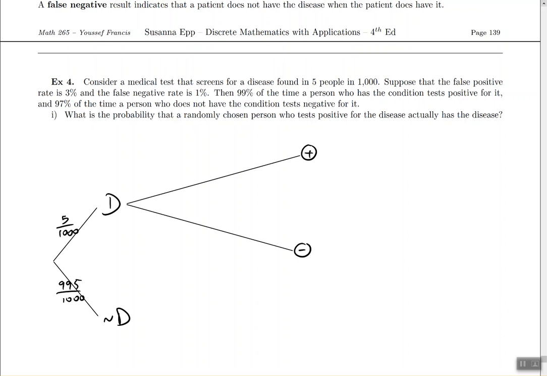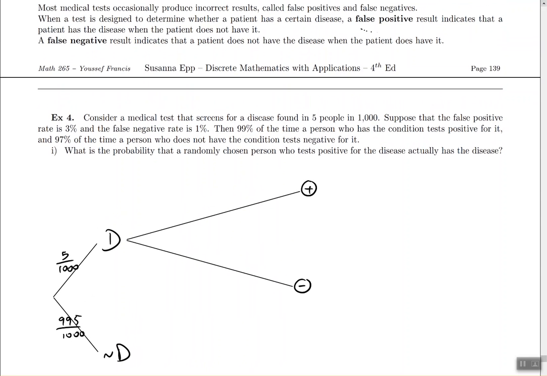Now, how many people test positive and already have the disease? Let's find out by reading the paragraph again. Suppose that the false positive rate is 3%. And keep in mind that false positive indicates that a patient has a disease when they don't really have it. So that does not apply here for us. If I keep reading, the false negative rate is 1%.